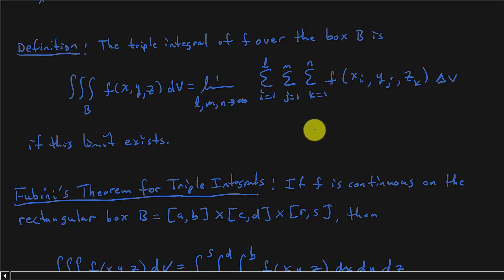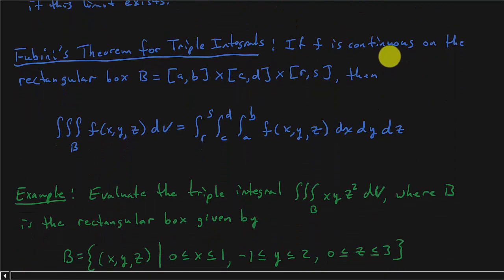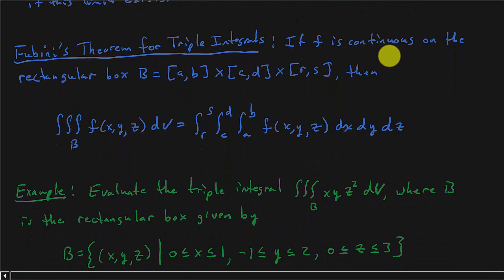So it's a triple Riemann sum. Then we've got Fubini's theorem for triple integrals. If f is continuous on the rectangular box B, which is [a,b] by [c,d] by [r,s], then this integral is the integral from r to s, c to d, a to b of f of x, y, z dx dy dz.